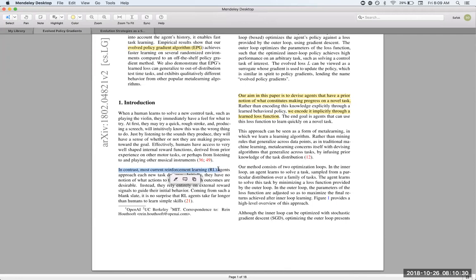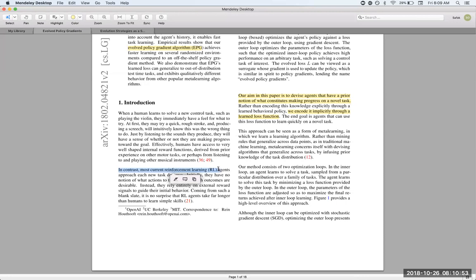So evolved policy gradients try to overcome this with this additional loss function concept. Our aim in this paper is to devise agents that have a prior notion of what constitutes making progress on a novel task.